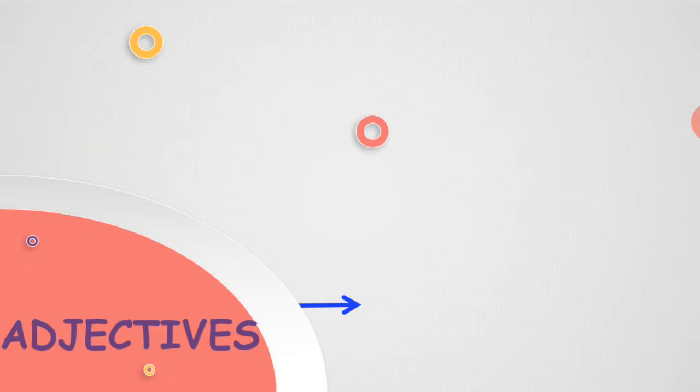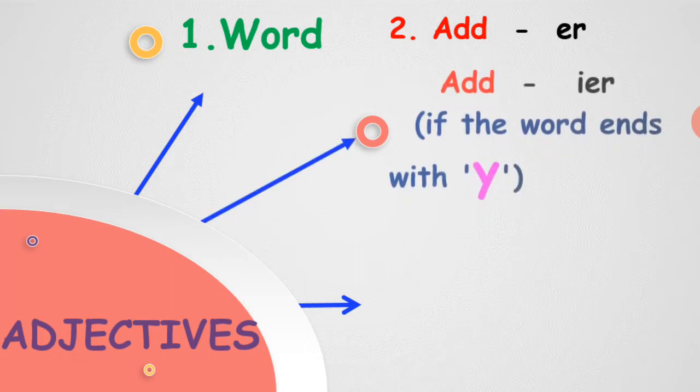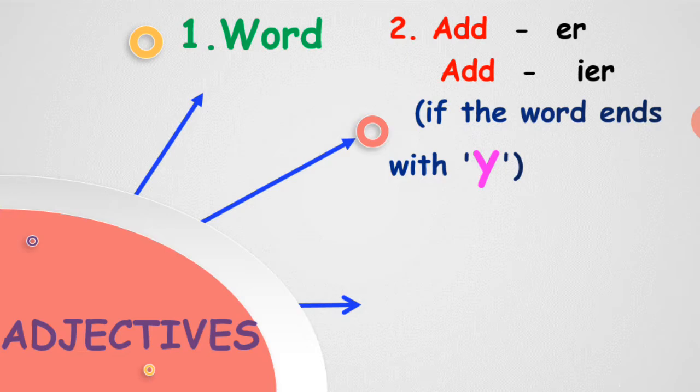Now, from all these things, we understand that adjectives are describing words, and when we use them for comparisons, at the first level, we add er to the main word, like tall, taller, big, bigger. However, if the word ends with y, we change the spelling.